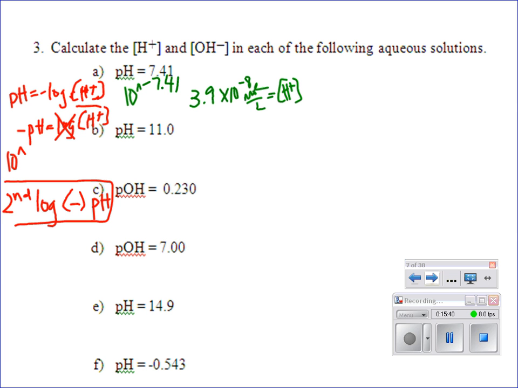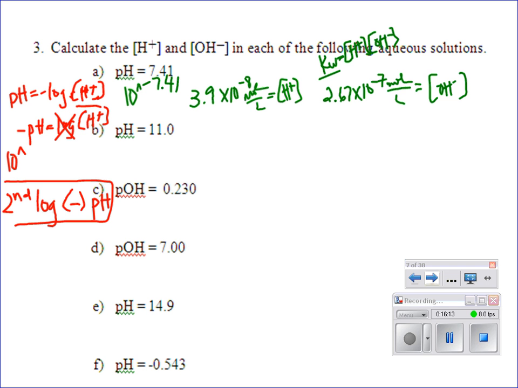The Kw, right? And so remember, Kw is equal to the H plus times the OH minus. So you're going to use 1e negative 14 and divide that by your H plus concentration. And you're going to get 2.67 times 10 to the negative 7 moles per liter. And that's equal to your OH. Notice I'm having units on this. Concentration, I do want to see units. pH doesn't require units. They're pH units.